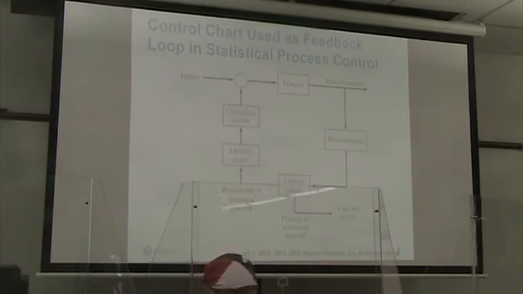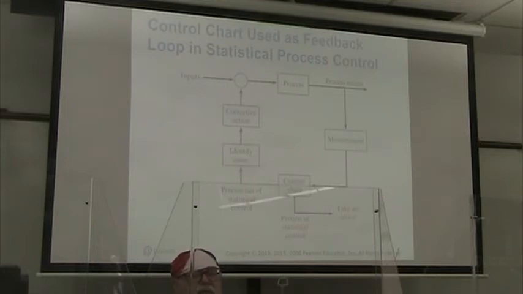All right, so our control chart is used as a feedback loop in our statistical process control. All right, so we have our inputs, then that goes into the process.